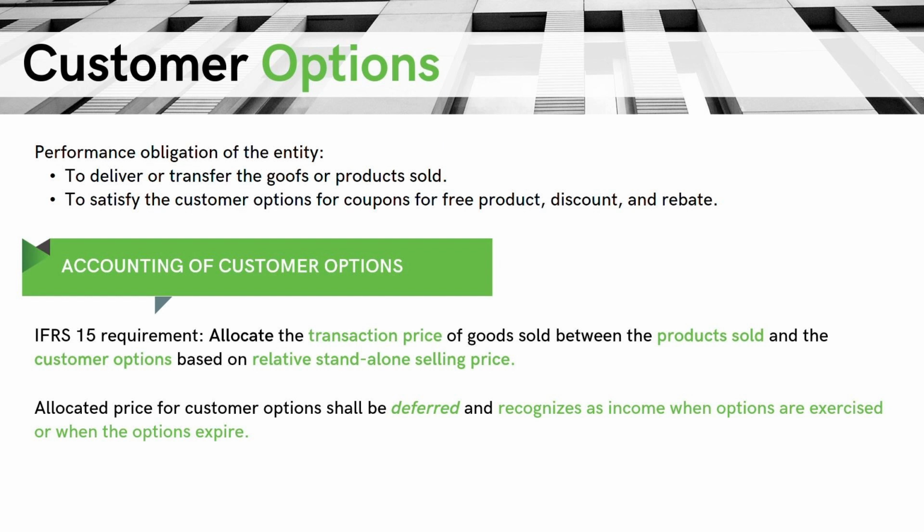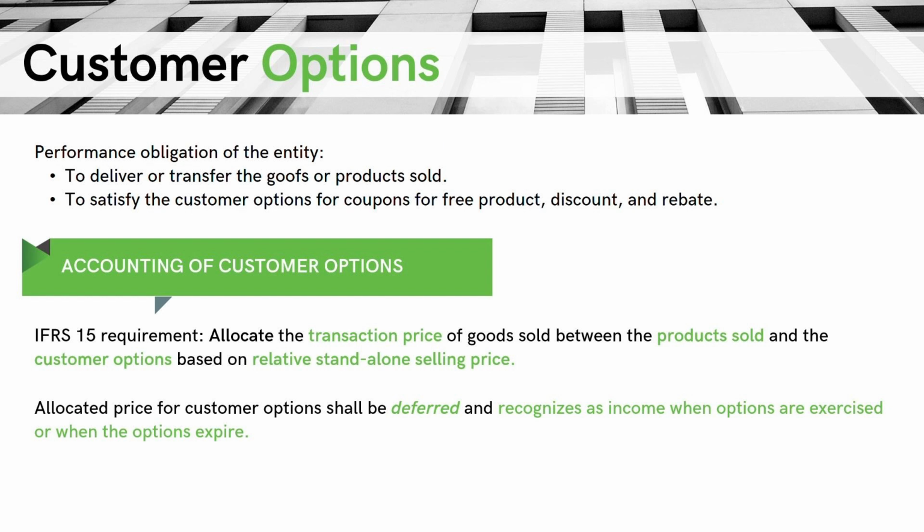And then, imo siya tungaon into the product sold and then the customer options. That is based on the relative standalone selling price. We will have some samples on that later on para mas maklaro ninyo sa pag-allocate sa transaction price.